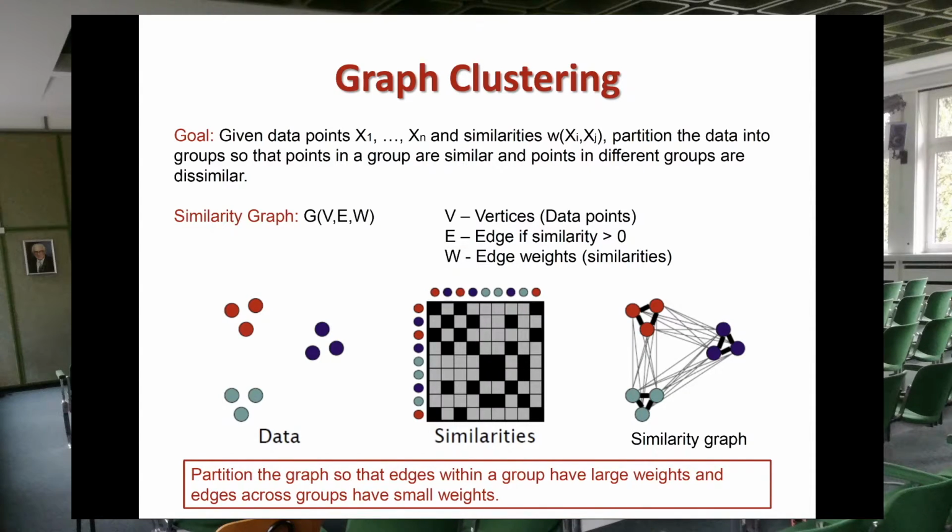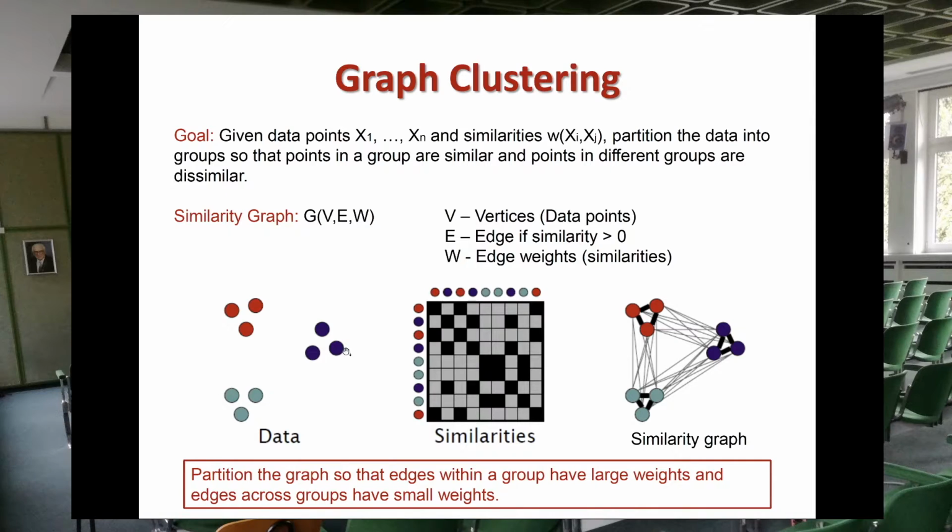And if you remember the notation for graphs, we define a graph as a set of vertices and a set of edges, which are the connections between each of the vertices or nodes. In this particular case, we are considering a specific similarity function, W. We are going to call these the edge weights.